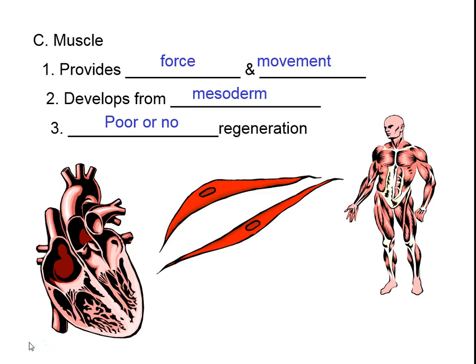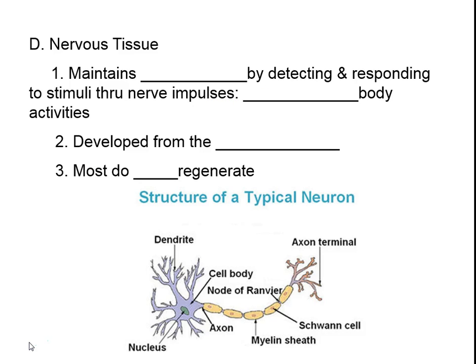regenerate. The fourth type of connective tissue is nervous tissue, and nervous tissue is going to help maintain homeostasis by detecting and responding to stimuli through nerve impulses. So there are receptors throughout your body that monitor when things are out of balance.